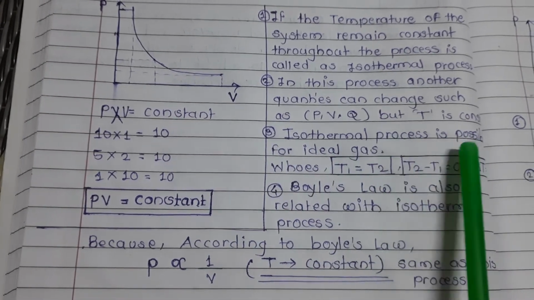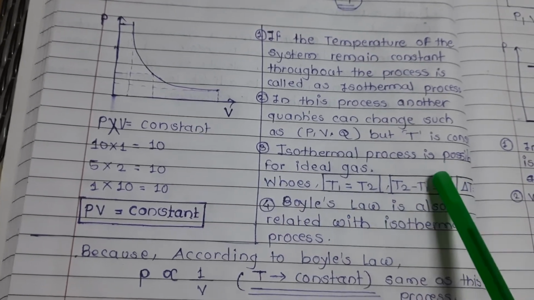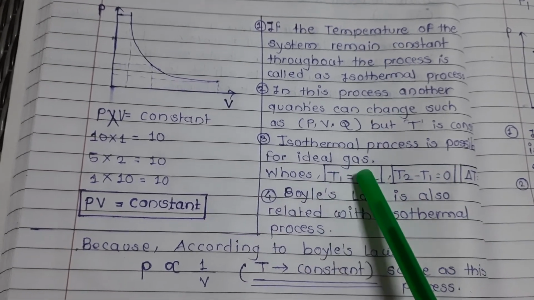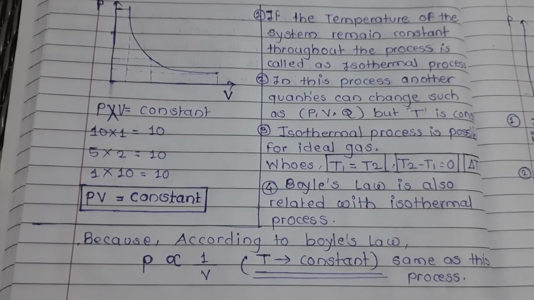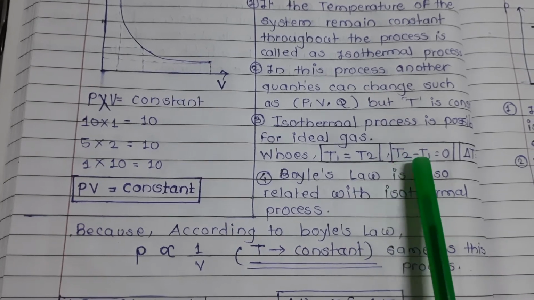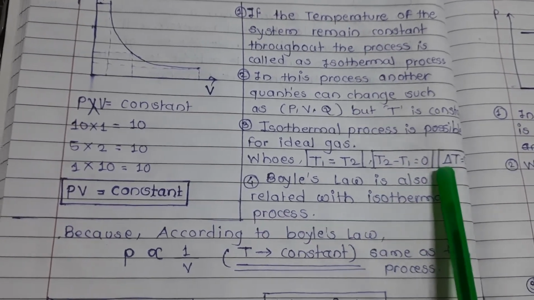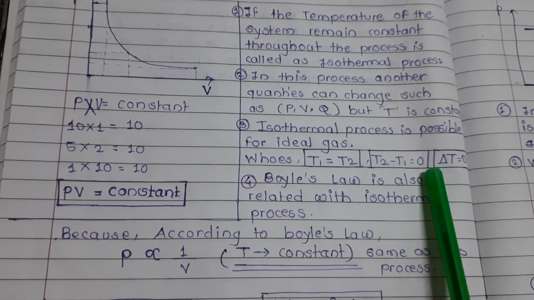Isothermal process is possible for an ideal gas, whose temperature T1 is equal to T2, meaning T2 minus T1 is equal to 0. Delta T is 0. Change in temperature is 0.